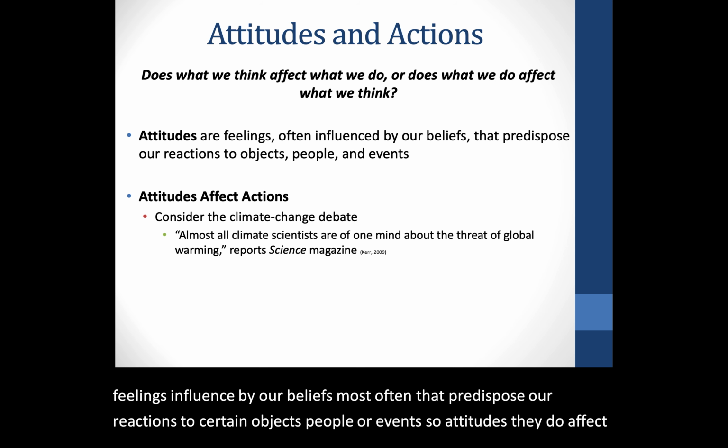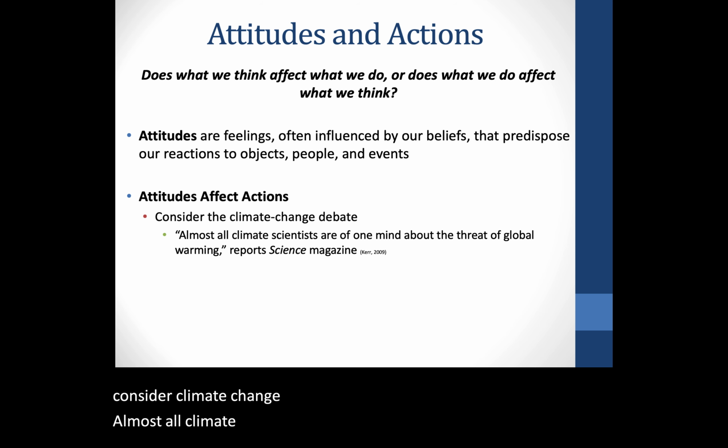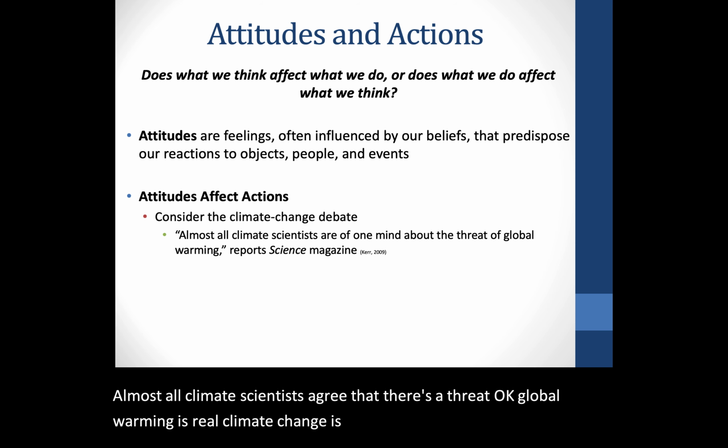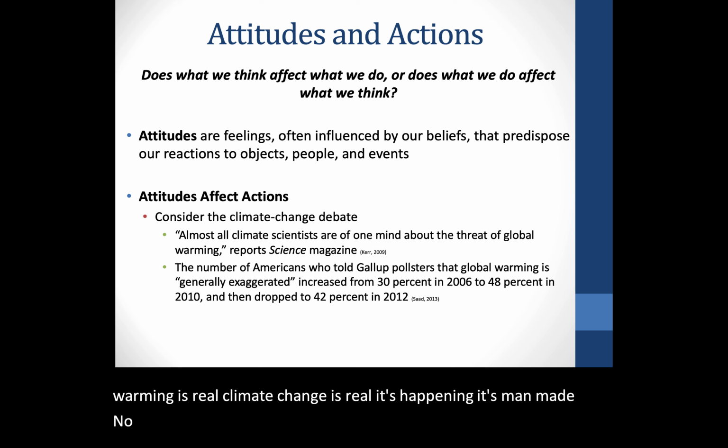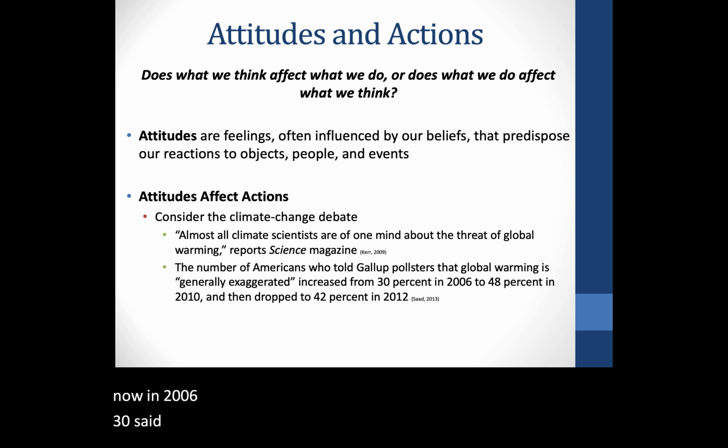Consider climate change. Almost all climate scientists agree that there's a threat. Global warming is real. Climate change is real. It's happening. It's man-made. Now, in 2006, 30% said that global warming was exaggerated.